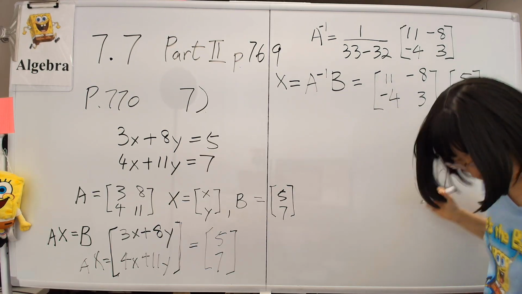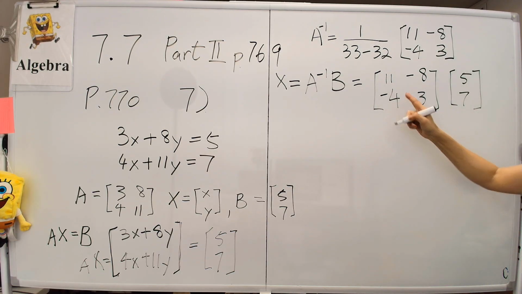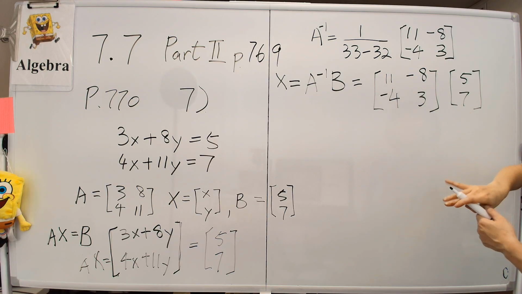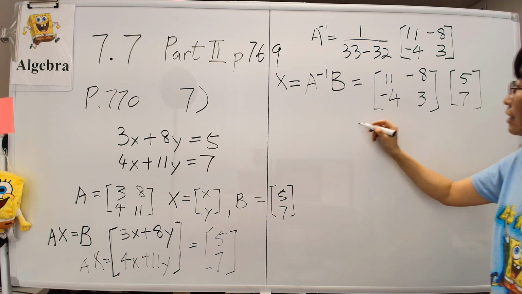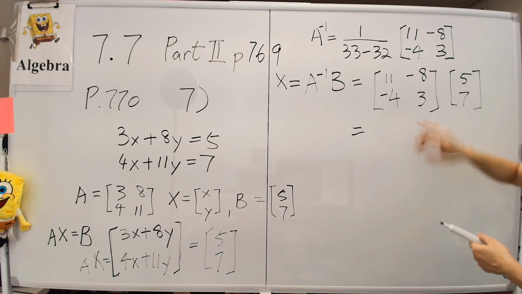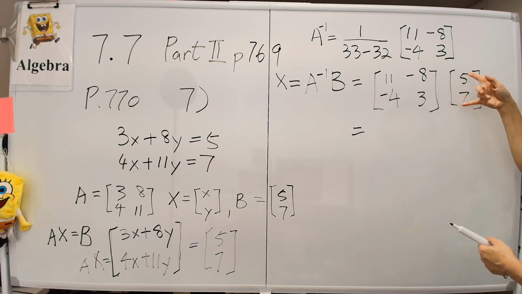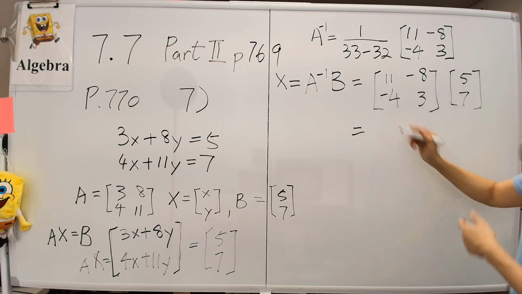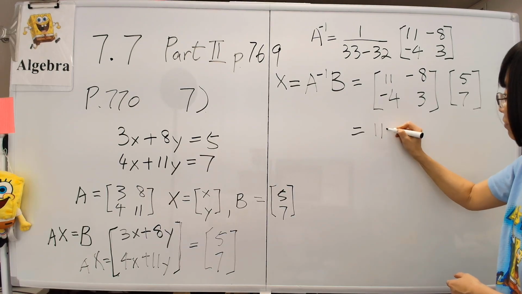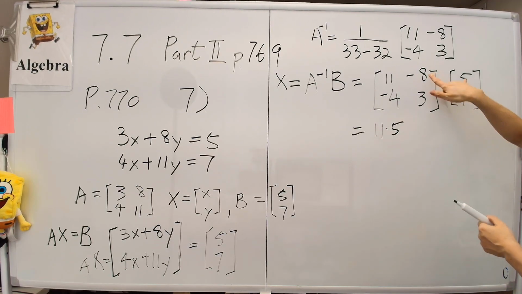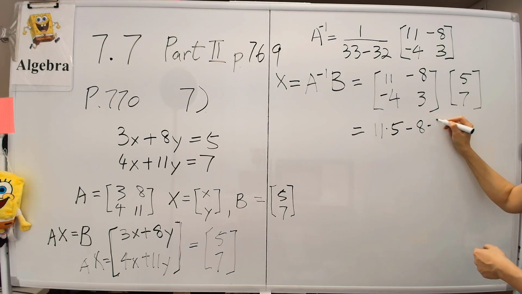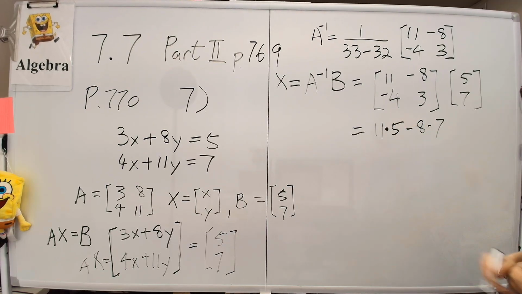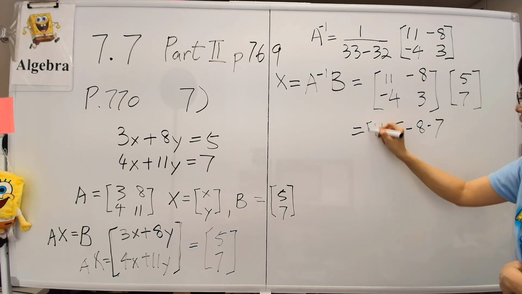Now to multiply this, we're going to do row times column, one at a time. That is 11 times 5, minus 8 times 7, and that's the first number.